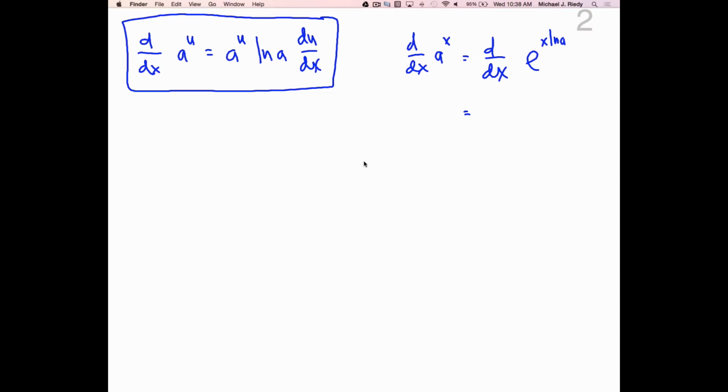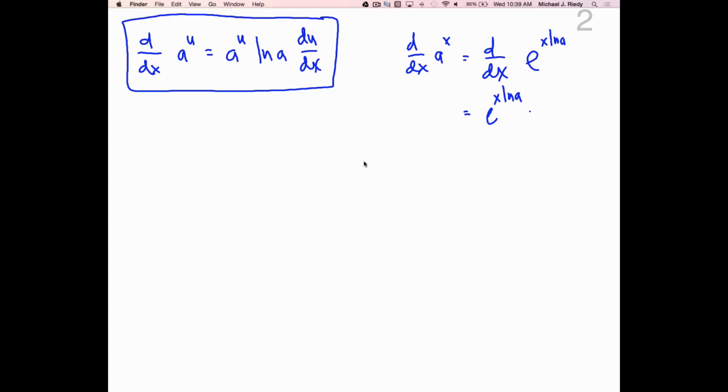How do I take the derivative of that? This you should be able to do. We've done that before. What's the derivative of e to the anything? E to the anything, times the derivative of that thing.